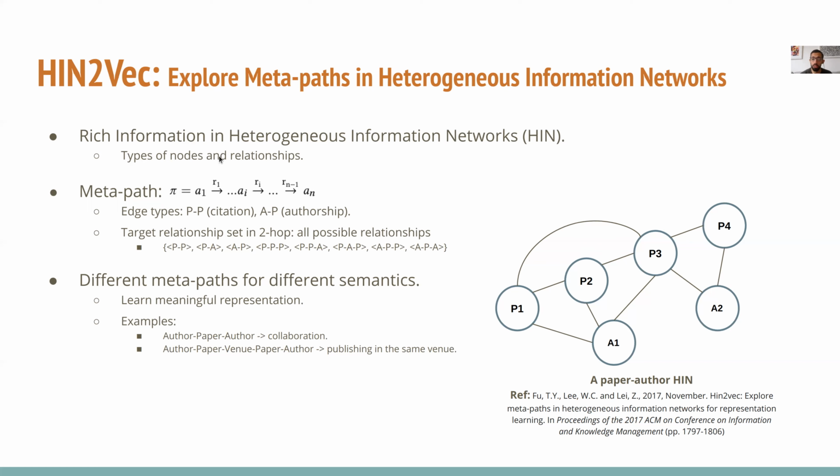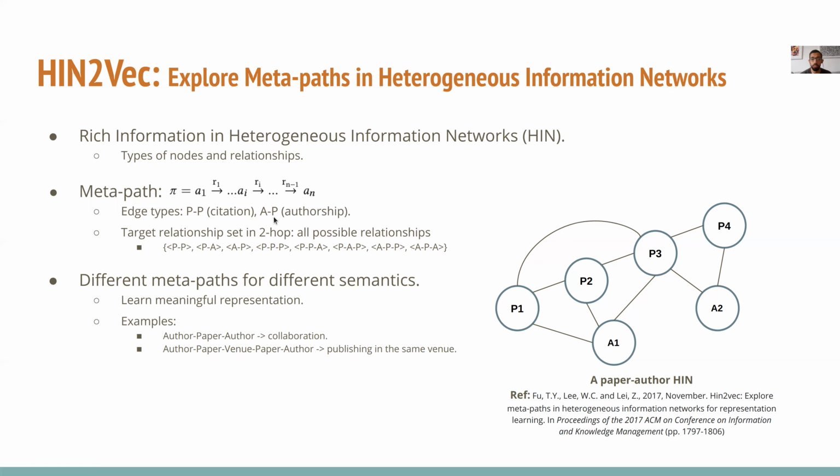A metapath consists of more than one edge. So a set of connected edges will make one metapath. In this graph, we have two edge types: PP, which means citation, and AP, which means authorship, right?